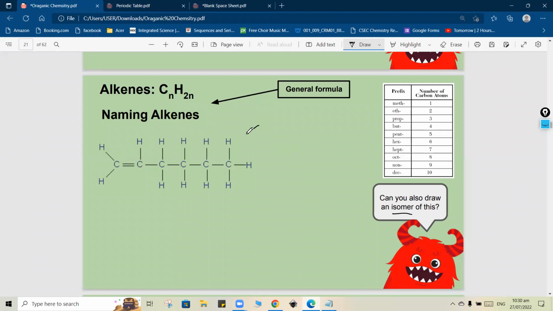What's the name of this alkene again? Look at it. It has a double bond, so I know it's an alkene. Who can tell me what's the name of this alkene again without looking back? It has 1, 2, 3, 4, 5, 6, right?